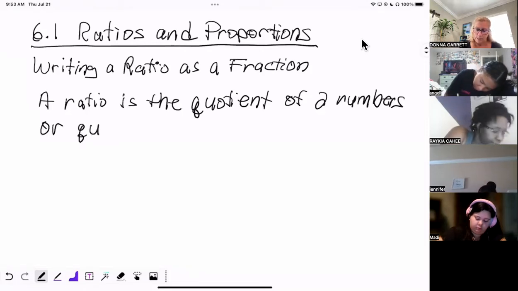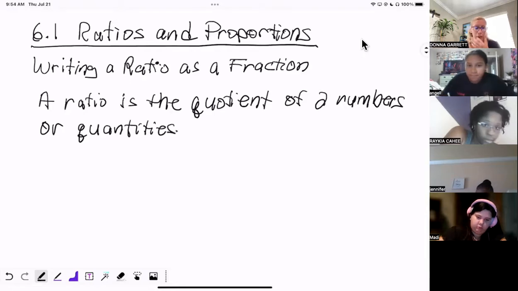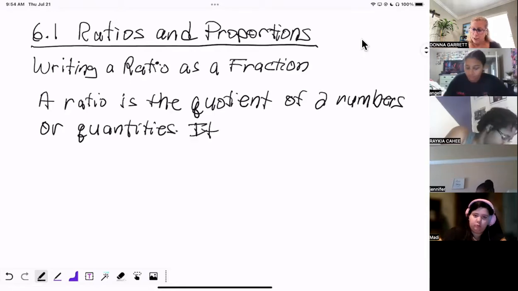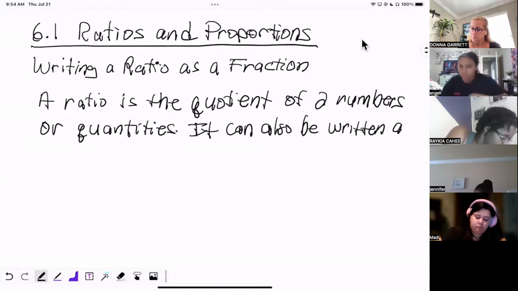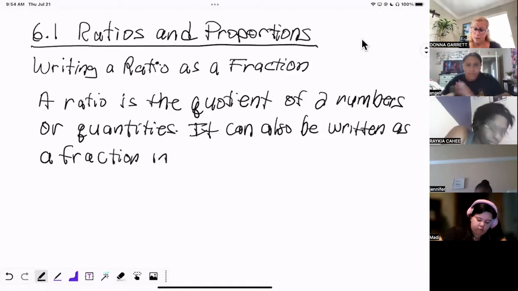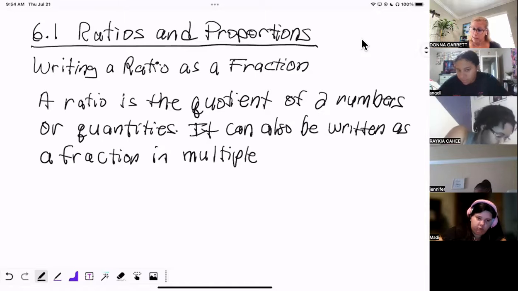It doesn't actually have to be numbers. It can also be a quantity. It can also be written as a fraction, in multiple ways. There's actually 3 ways.